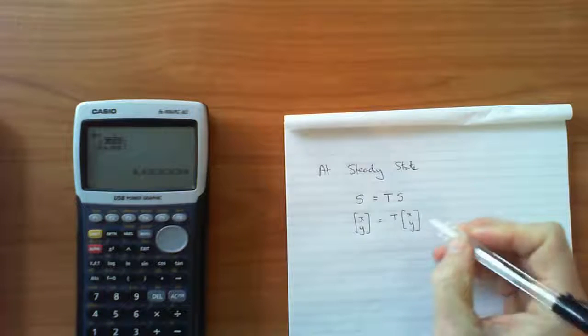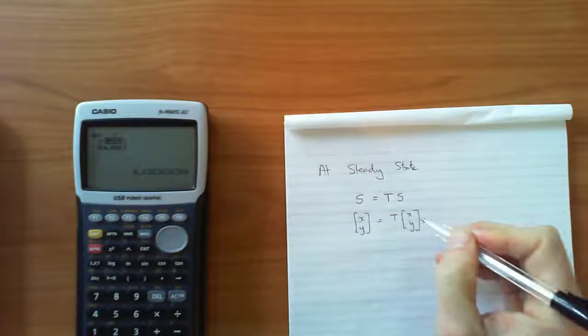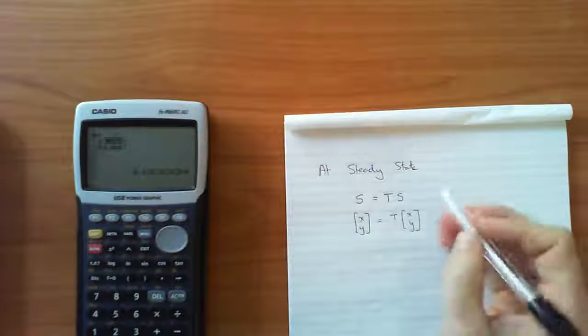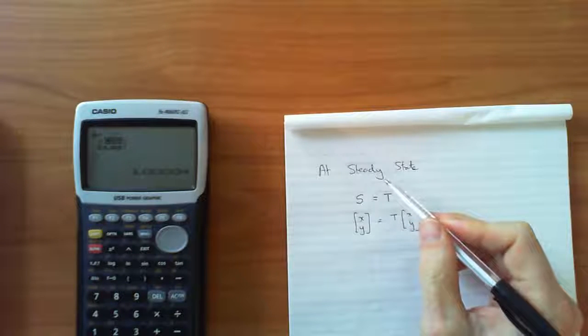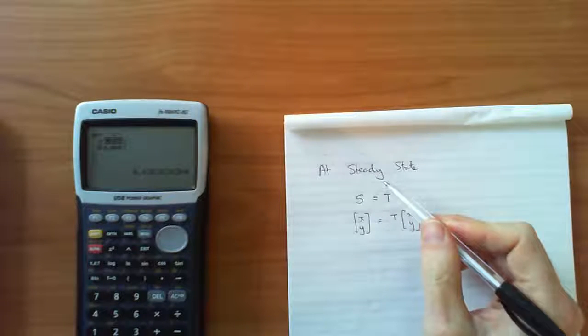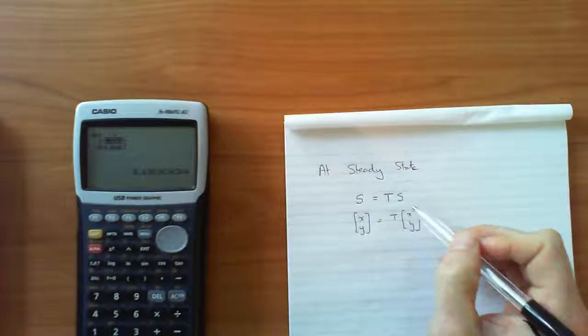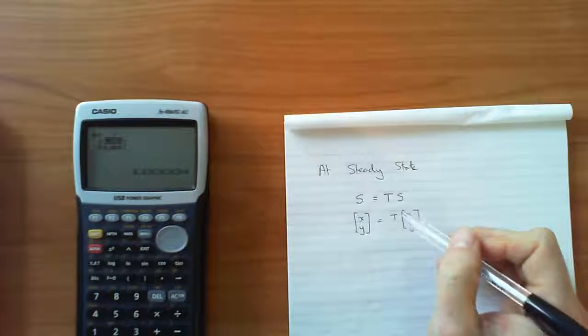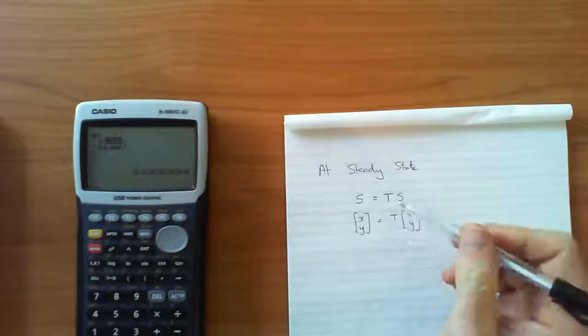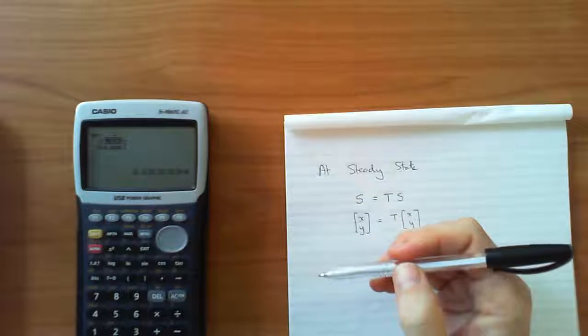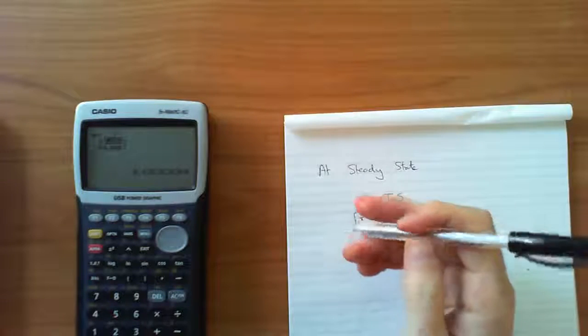In other words, the transition matrix doesn't change the values of X and Y at steady state. Now there's an algebraic way we can also work out the steady state, but for now we'll rely on the numerical method.